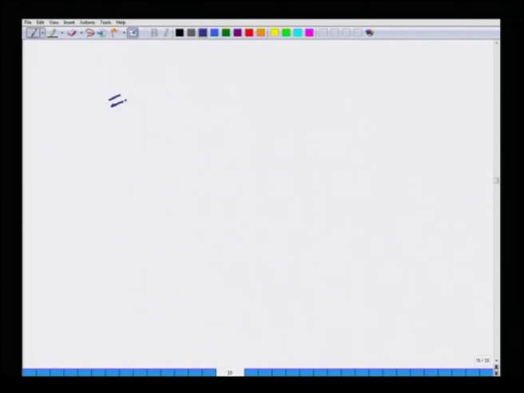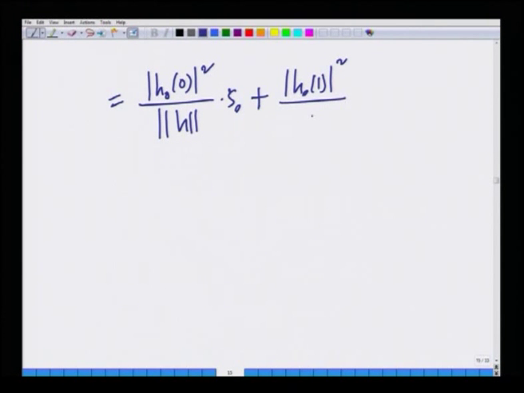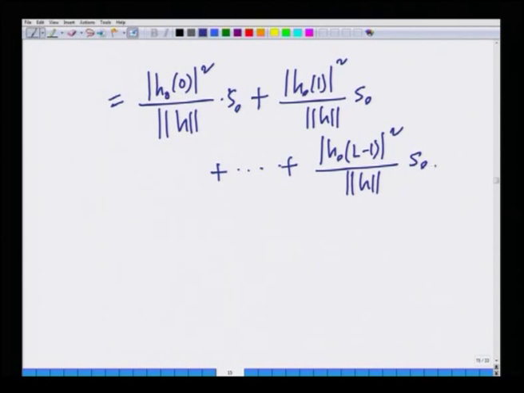This is nothing but magnitude h 0 0 square divided by magnitude h times s 0, plus magnitude h 0 1 square divided by magnitude h times s 0, plus so on, up to magnitude h 0 of L minus 1 square divided by magnitude h into s 0.